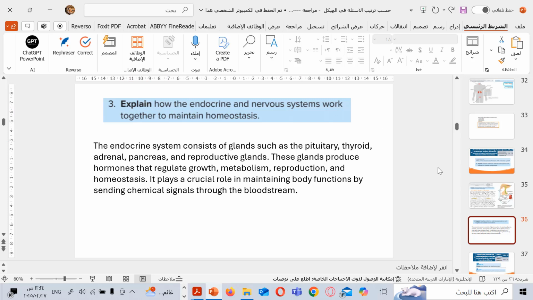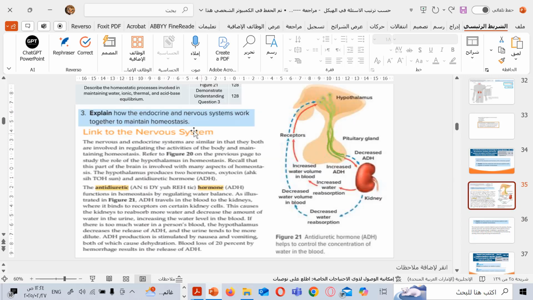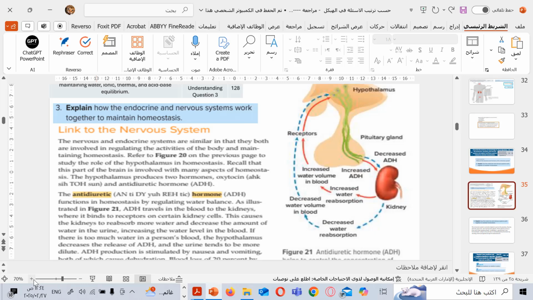I'll explain how. About this one, if we make it bigger to see some topics on it about the connection between the endocrine system and the nervous system. Okay, let us see.